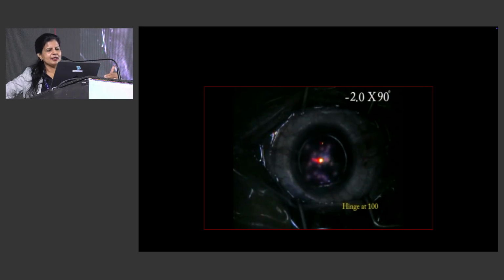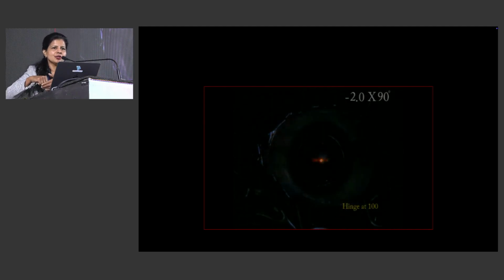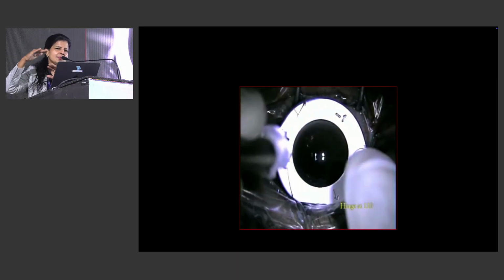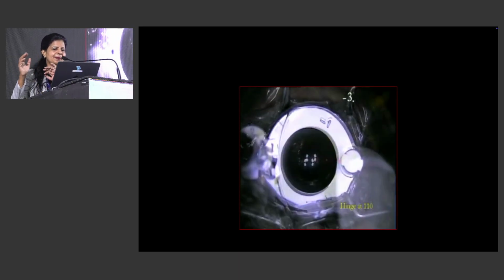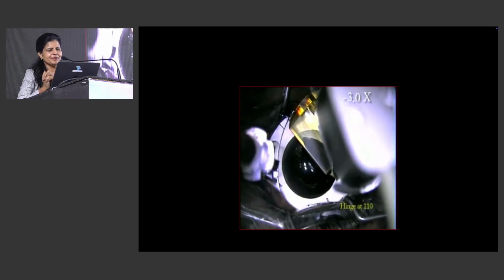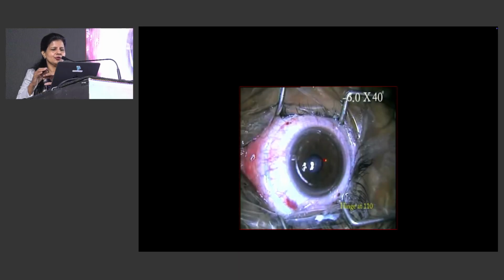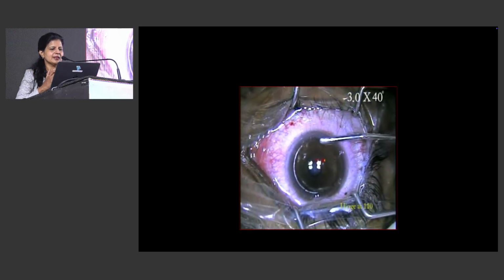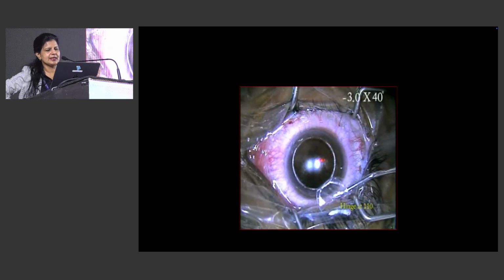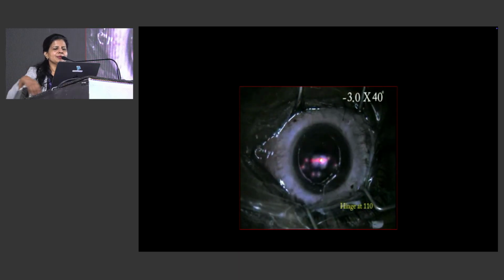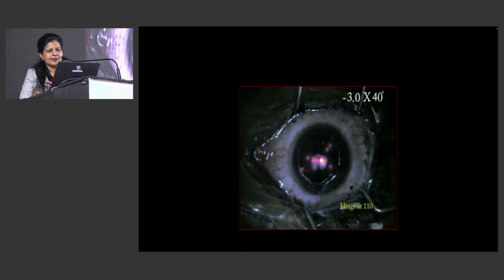Here, when the ablation falls on the hinge, then there is ablation of both the hinge and the stroma adjacent to it, because of which when the flap is reposited, there would be a small depression in that region. In the periphery, it doesn't make much of a difference. But if the hinge is premature as well, then that's when it compounds the problem. So for an ablation at around 40 degrees, it would be wiser to take the hinge at 110. And likewise, depending on the orientation of the cylinder, you can move the hinge around.